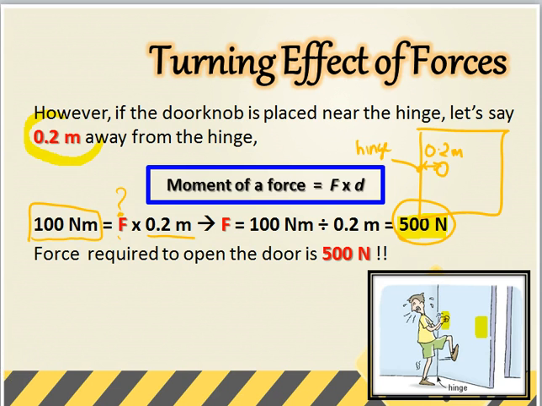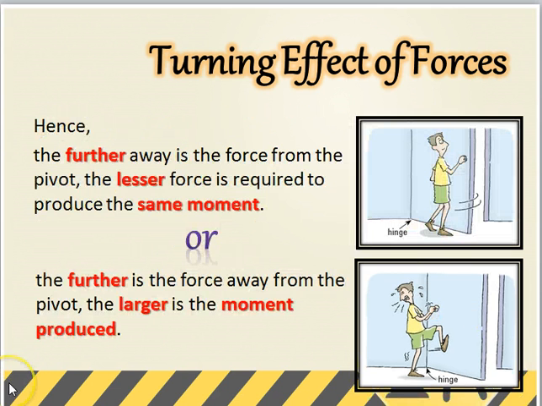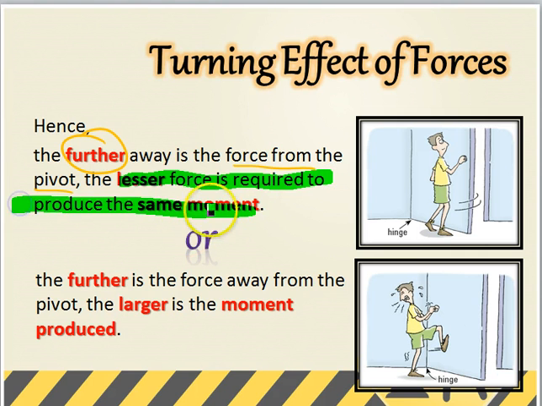So what can we conclude from this? There are two things here. The further away the force is from the pivot, the less force we need to produce the same moment. The next statement is also with regards to what we have done just now.